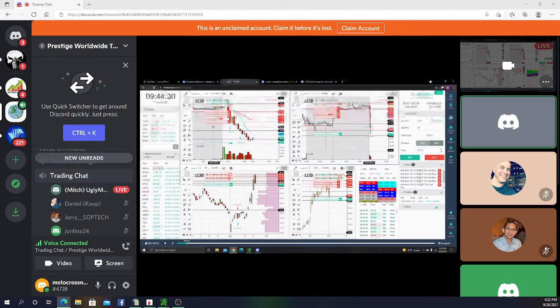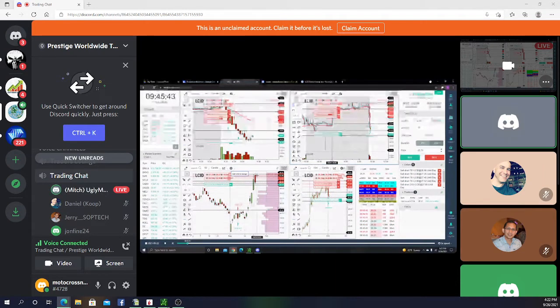Right now it's super weak, an all day fade thesis because of this overextension, right? I mentioned, I think this whole move through this entire range was generated on a squeeze, and with an over exaggerated squeeze move to resistance, you can expect some pretty good downside to that.